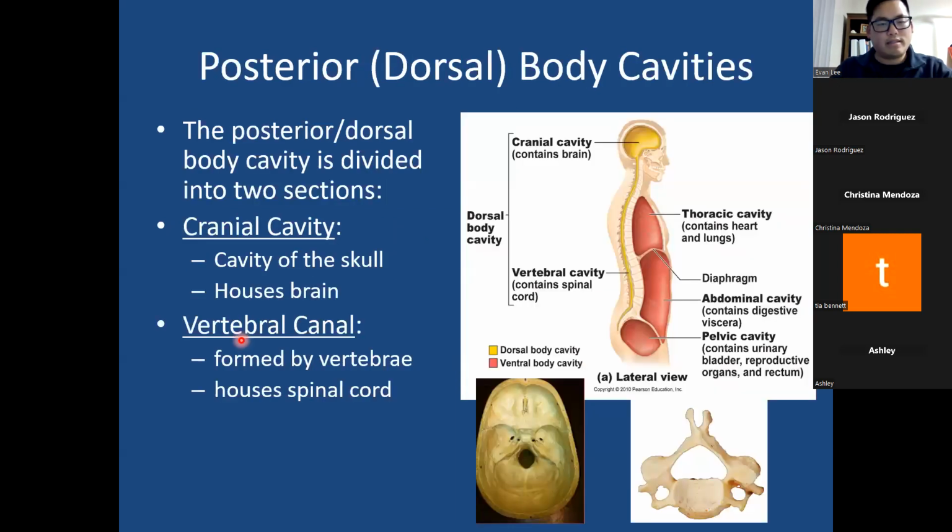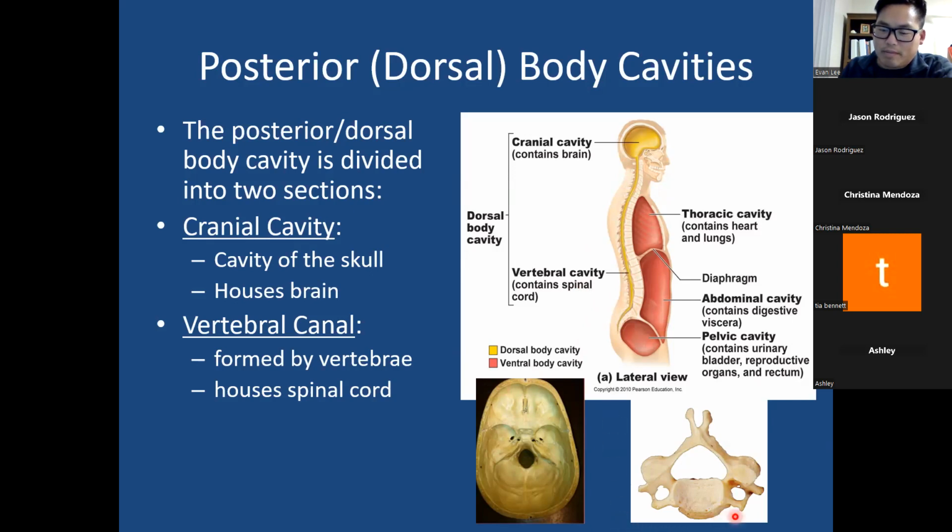To take a look at these, the posterior body cavity, the cranial cavity inside of your skull, is where your brain is going to sit. This is part of your dorsal body cavity, but then this is going to connect to your backbones, which, if you look closely, has a space running down the middle of it.